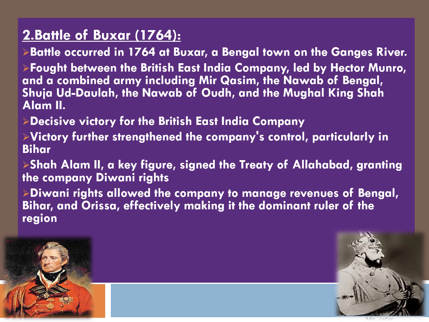It was a decisive victory for the British East India Company. The company's authority in the subcontinent solidified, boosting its prestige. Victory further strengthened the company's control, particularly in Bihar. Shah Alam II signed the Treaty of Allahabad, granting the company Diwani rights.